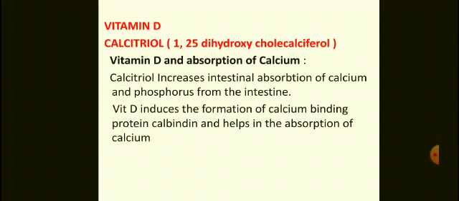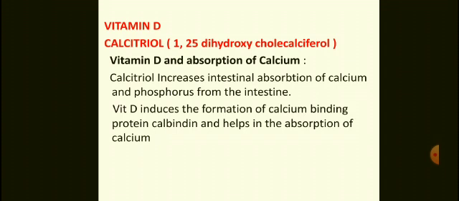So first we have calcitriol, the active form of vitamin D. It is also known as 1,25 dihydroxycholecalciferol. Vitamin D's action is that in the intestinal cells it increases the absorption of calcium and phosphorus. It induces the formation of a calcium binding protein, calbindin.